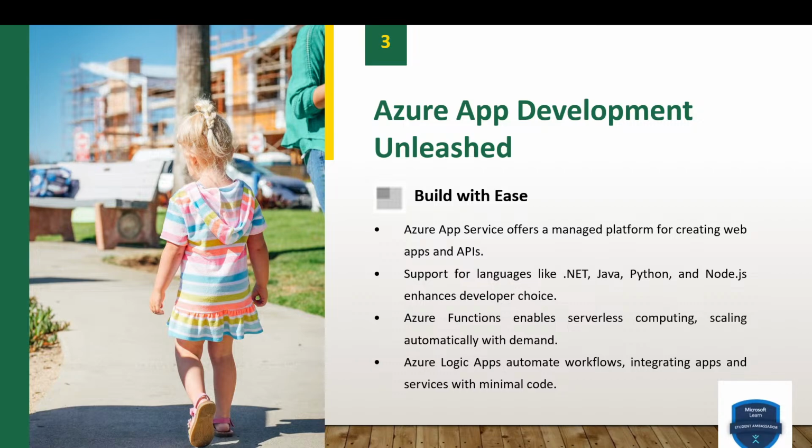One of the most compelling aspects of Azure App Service is its support for a wide range of programming languages, including .NET, Java, Python, Node.js. This flexibility ensures that developers can work in the languages they are most comfortable with without sacrificing performance or scalability.